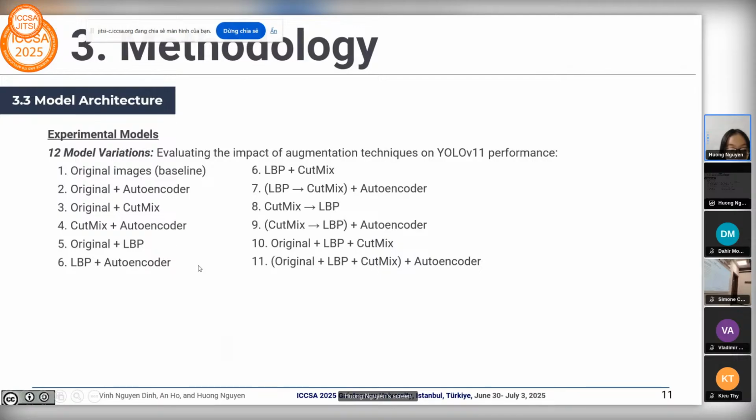For example, we try original images with CutMix or LBP followed by autoencoder, and even the full combo: original, LBP, CutMix, and autoencoder. And each version was tested to see how it impacted detection accuracy, especially on complex images.